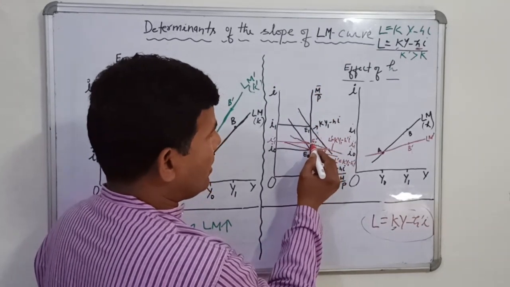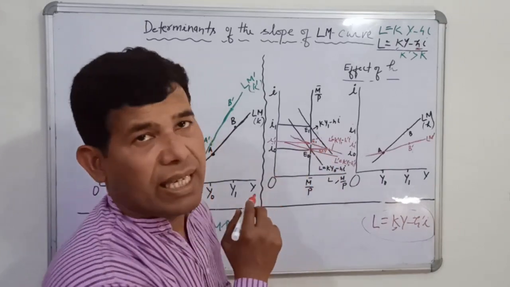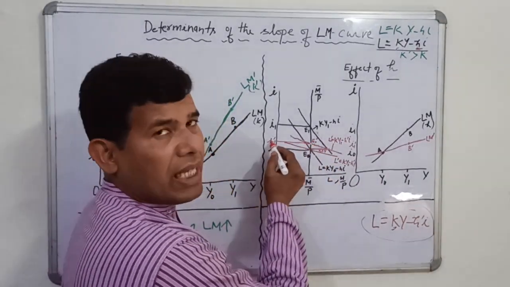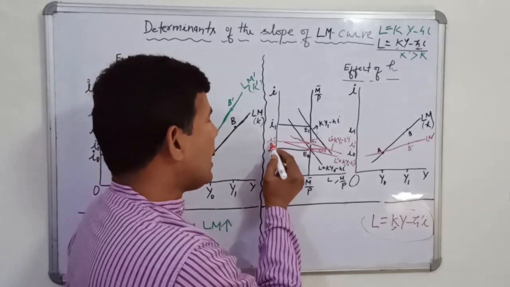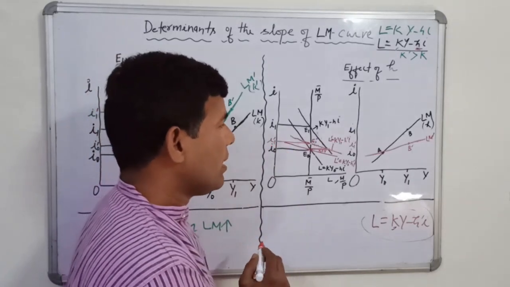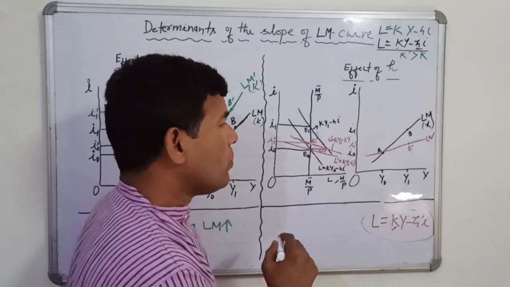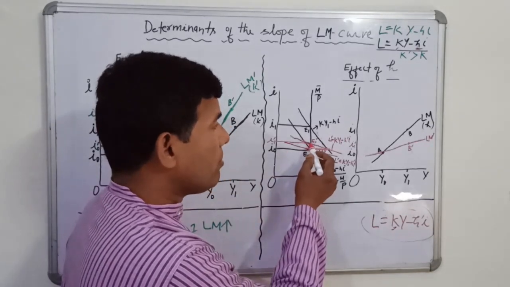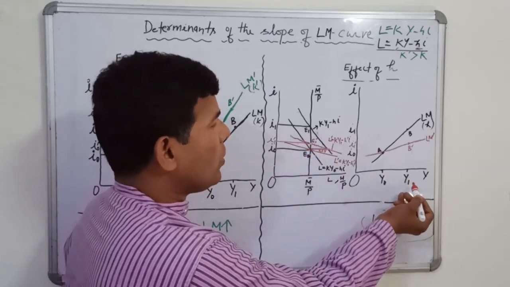And let us call this intersection point E1 prime, and that gives us I1 prime, the equilibrium rate of interest. Now this I1 prime equilibrium rate of interest is associated with which equilibrium level of income such that the money market is in equilibrium, right? Obviously Y1.